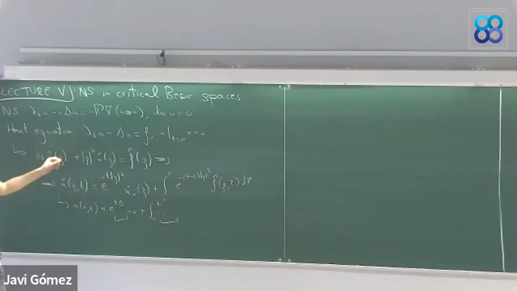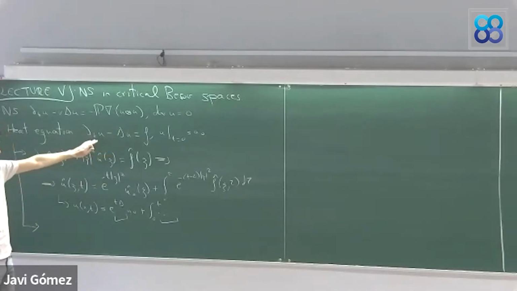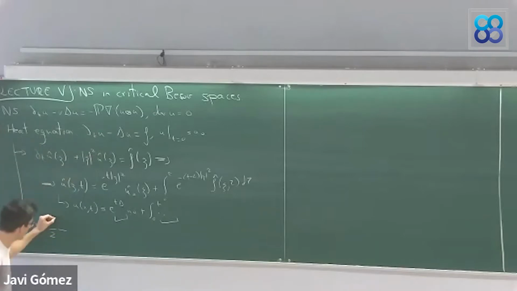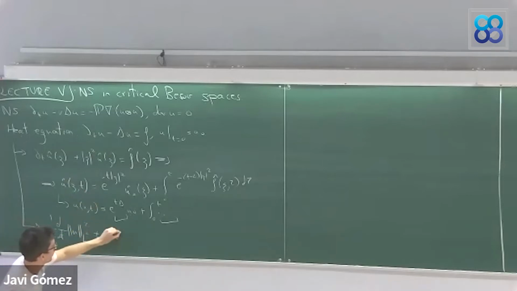Just from here, we can see that, as with linear parabolic equations, we can gain some regularity. Just, for example, taking the L2 energy balance. If we multiply this by U in L2, we gain here the regular parts, one derivative.